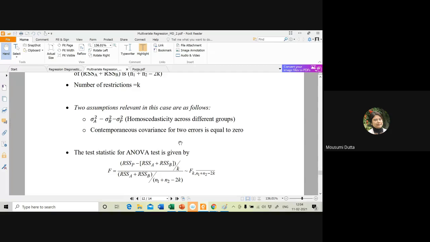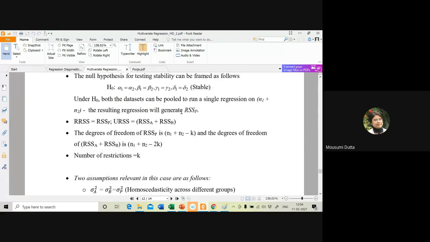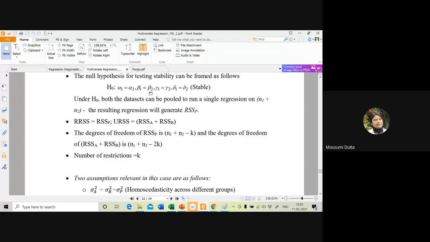And the second part is that the coefficients are identical in the two sub-periods: alpha 1 equals alpha 2, beta 1 equals beta 2, gamma 1 equals gamma 2, delta 1 equals delta 2. We then run the Chow test to understand whether the coefficients are identical or not. So this is a stability analysis related question.